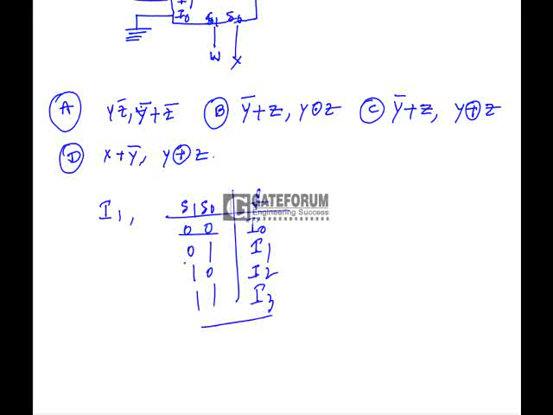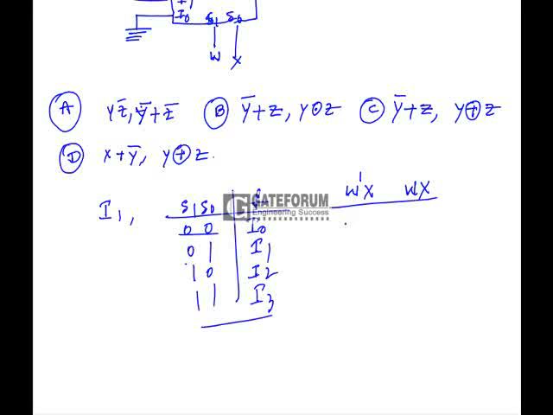So these selection lines are taken from the external inputs W and X. We need to find out the values of I1 and I3. I1 is W dash X and I3 is WX, because both are ones, we need to select I3.